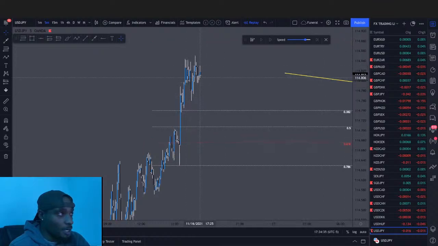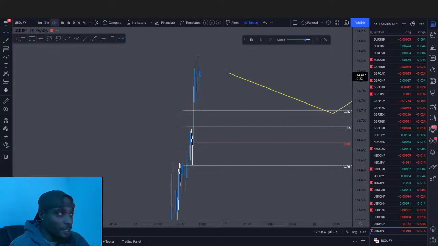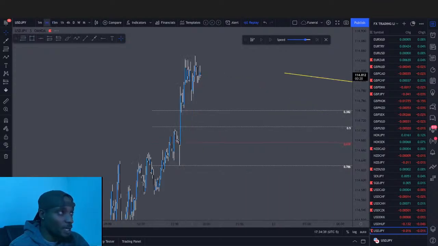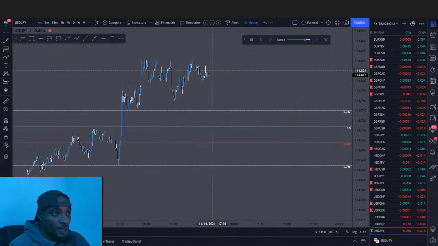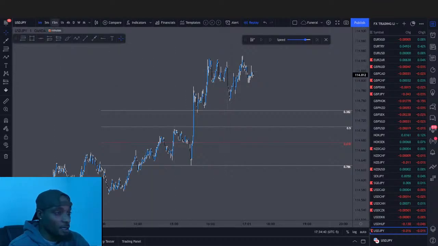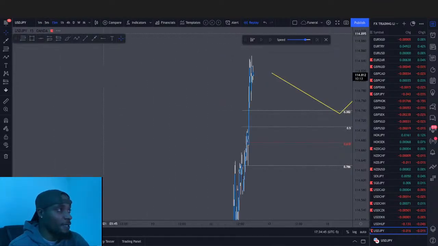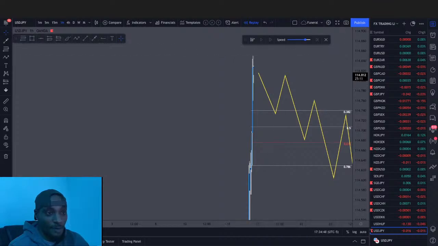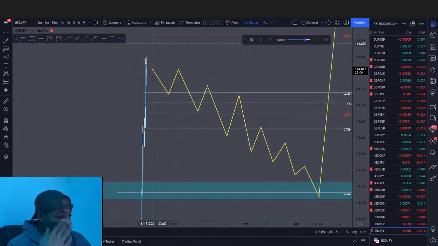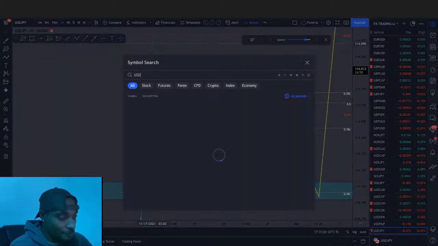So at least see something broken. 15, 5, the 1 minute. You can get a break on the 1 minute or something. But yeah, we'd like to see that start to make moves back down to the downside. USD JPY, what else is there? Euro, GBP, USD CAD.